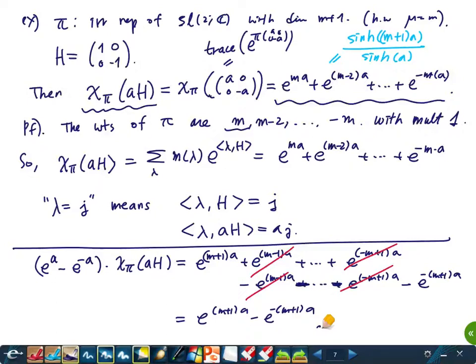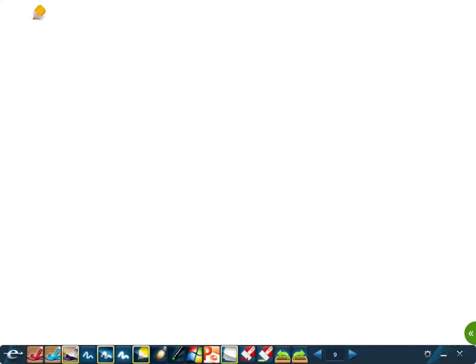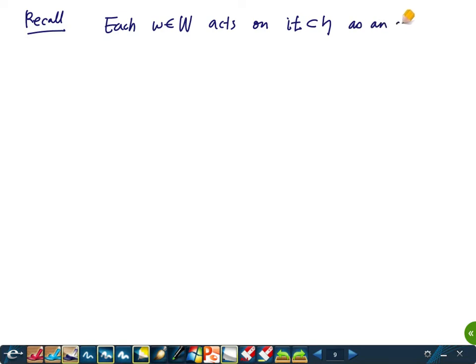Just remember this. All right, and before stating the theorem, let's recall that each Weyl group element acts on this iR-span in h, where h is the complexification of this, as an orthogonal linear transformation.